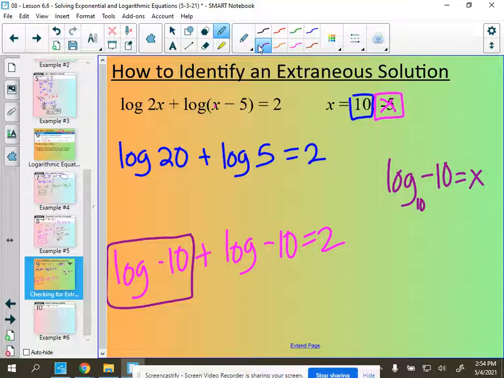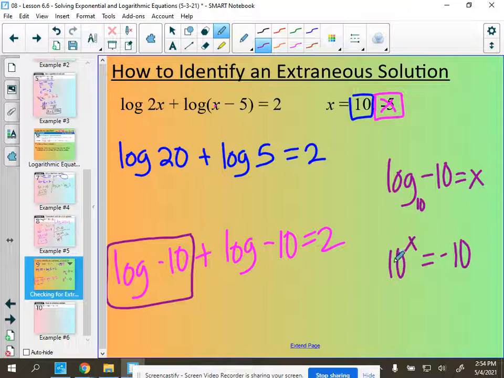Well, what's the base? 10. Cross it over to some power equals negative 10. So I would challenge you to come up with a number that I could plug in here for x and say, hey, I'm going to take 10 to some power and get negative 10. So let's see. 10 to the first power is 10. Squared is 100. No, it ain't going to work. 10 to the 0 power? Well, that's 1.